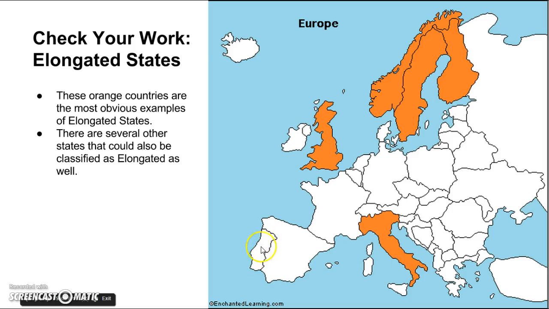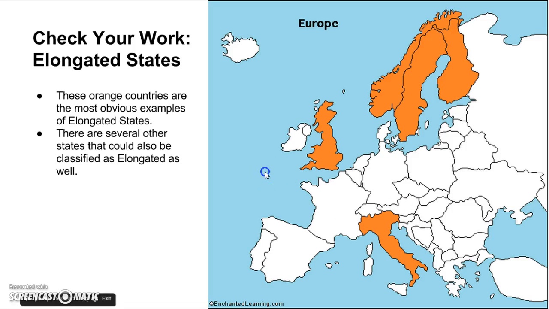It's longer and less compact than some of the other ones, but it is not as dramatic. Another one that you might have classified could be this one. I can't remember off the top of my head what it is, but it is a rather elongated state, but a better classification may be, well, we'll wait and see.